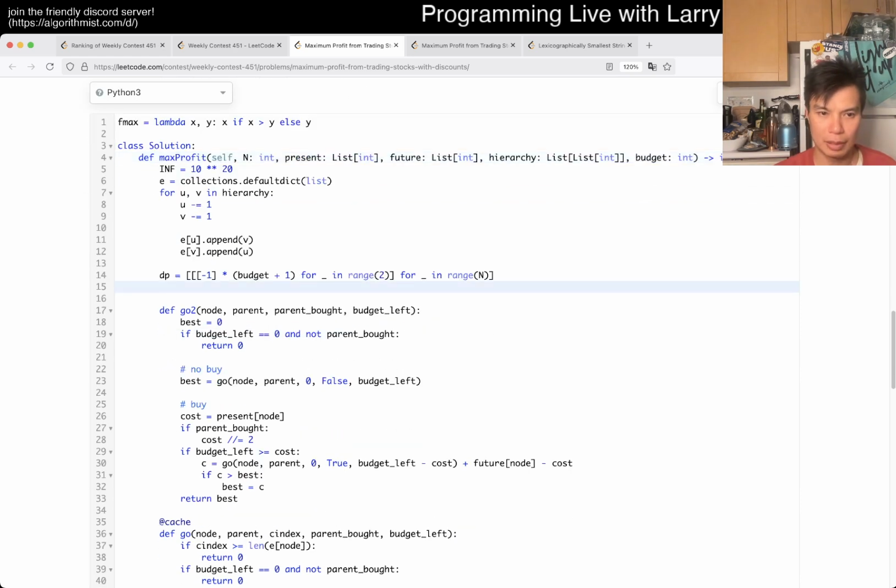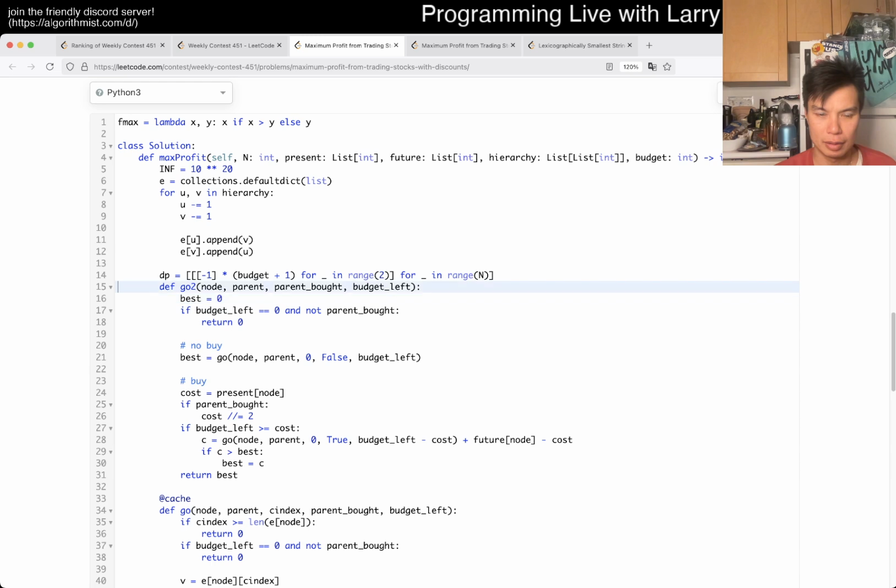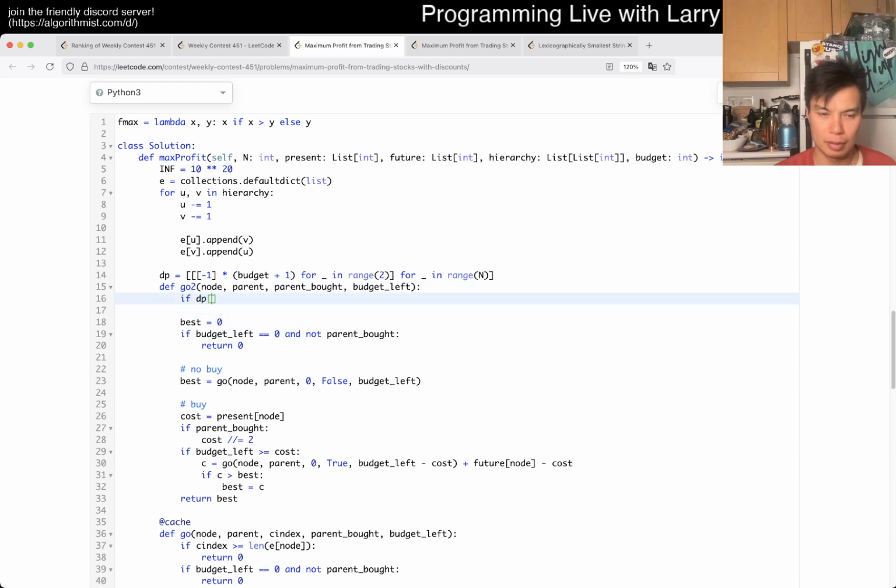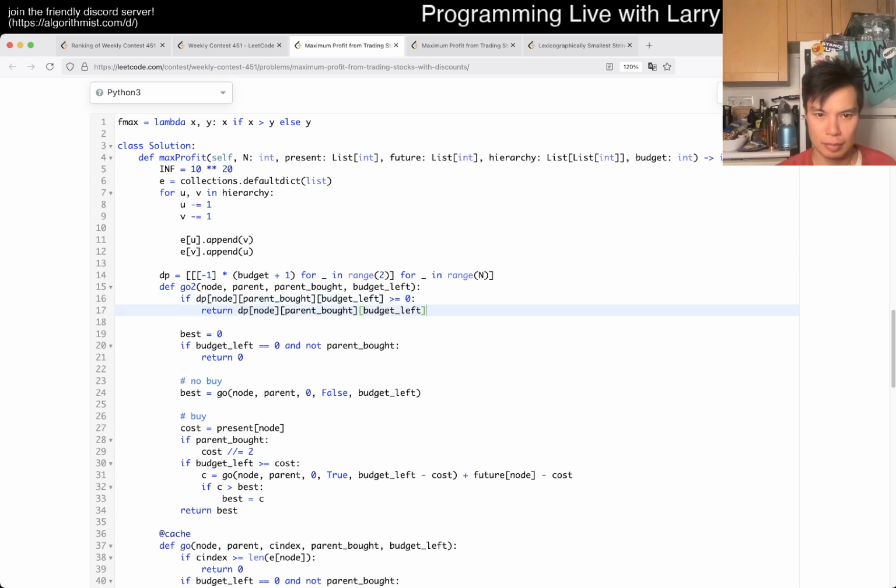Right, something like that, right? And then I have to convert this to int, maybe.